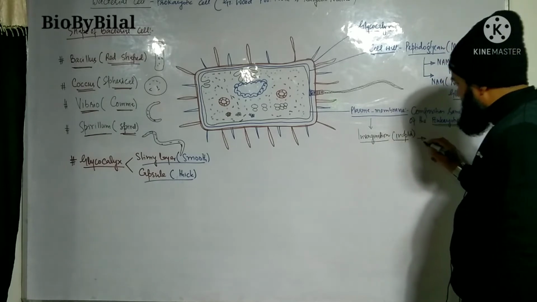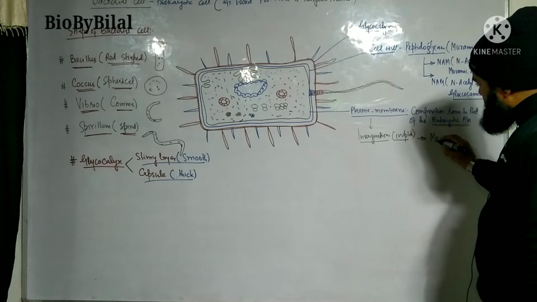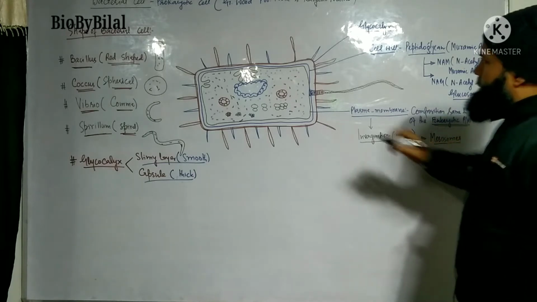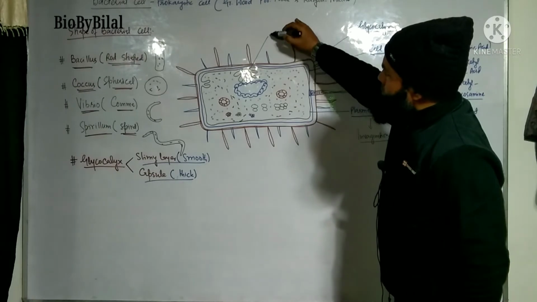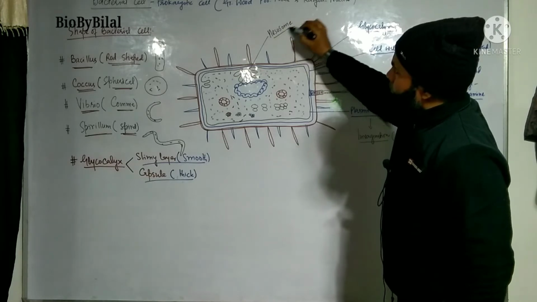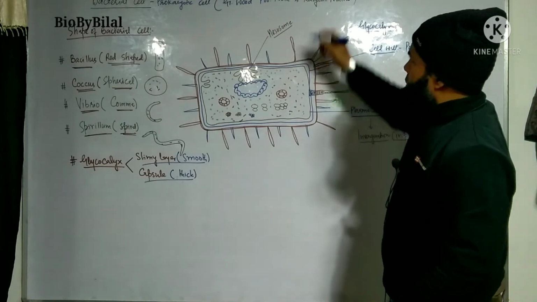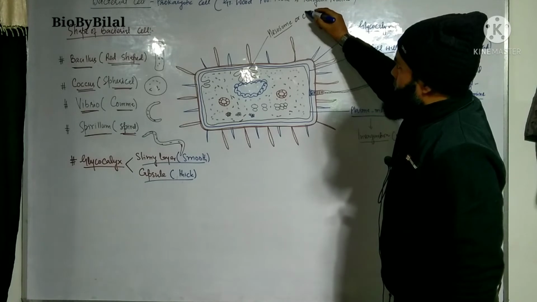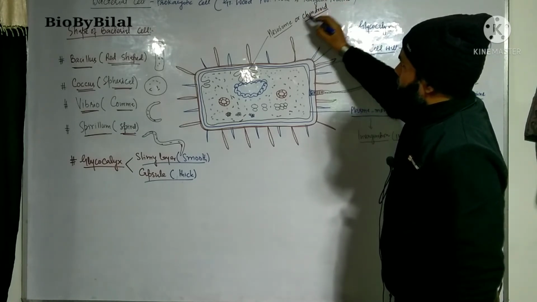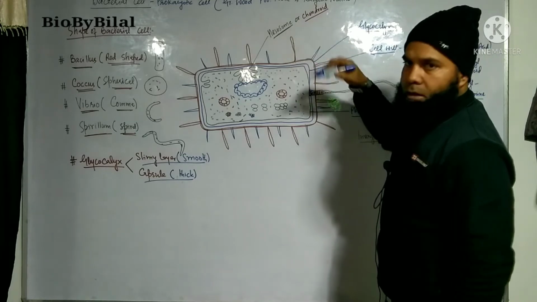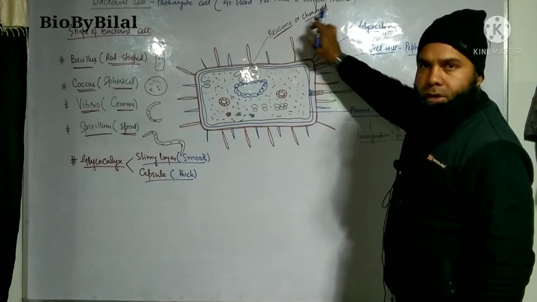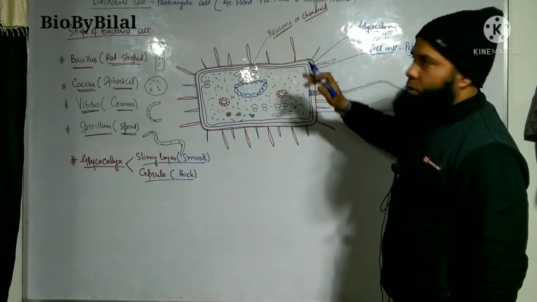These invaginations are called the mesosomes. This is the mesosome. This mesosome is also called the chondrioid. That means it is equivalent to the mitochondria of the eukaryotic cell. That's why it is called the chondrioid.